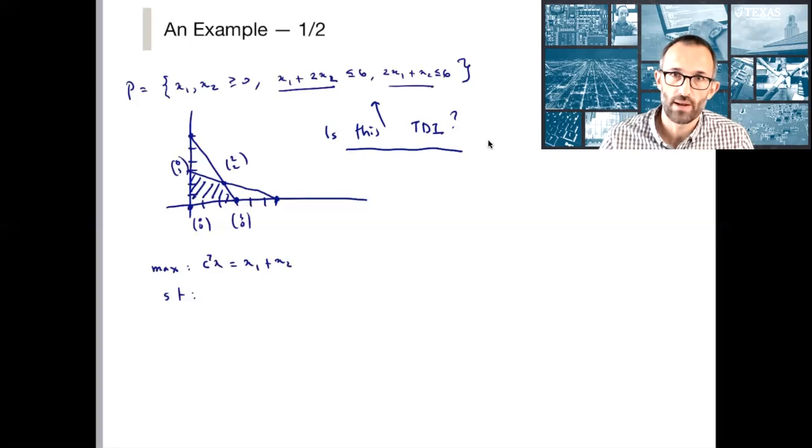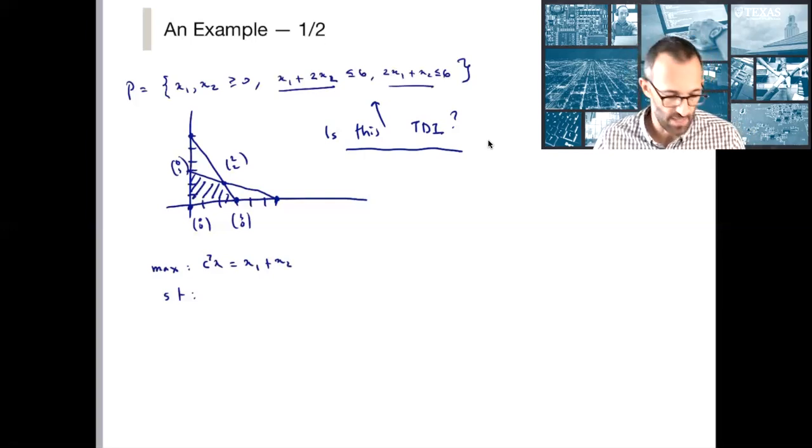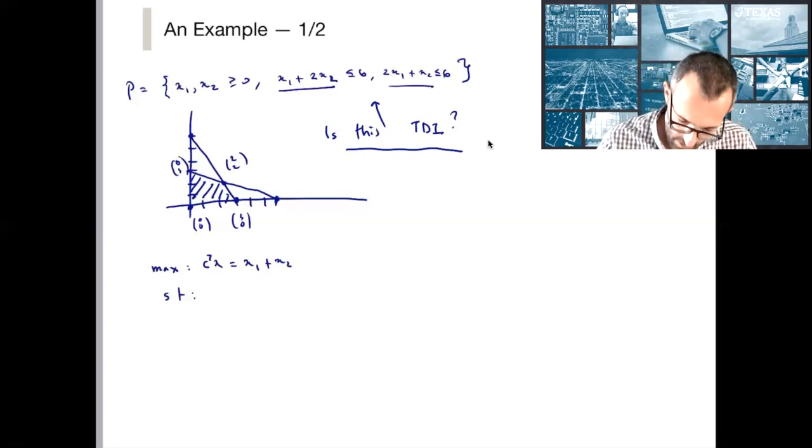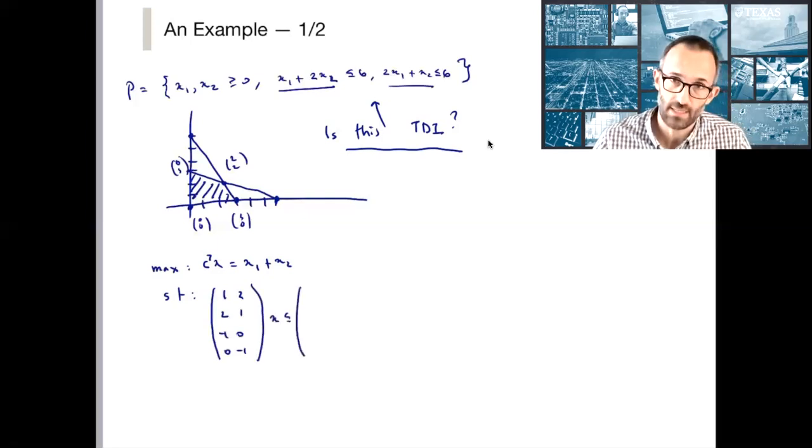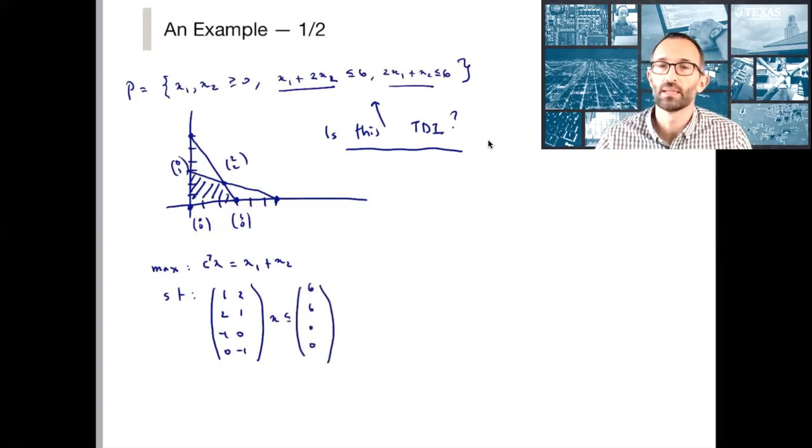So let me write it out. I need to write it as Ax ≤ b. So A is the matrix with rows (1, 2), (2, 1), (-1, 0), and (0, -1), x ≤ b, which is (6, 6, 0, 0). So now it's completely in the form of the definition of TDI, and so I can write its dual.